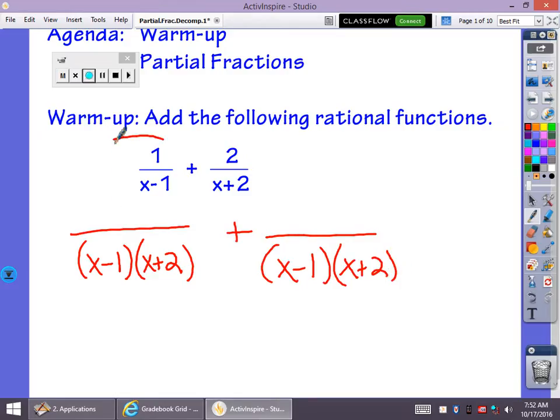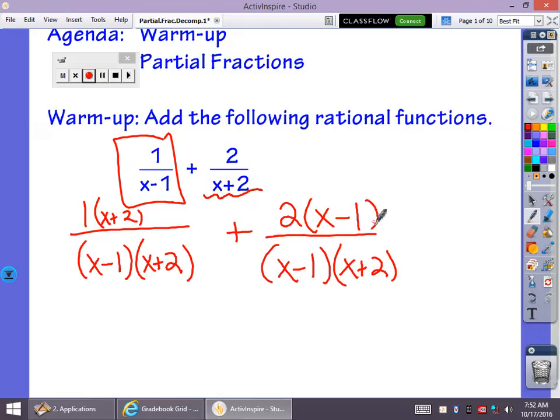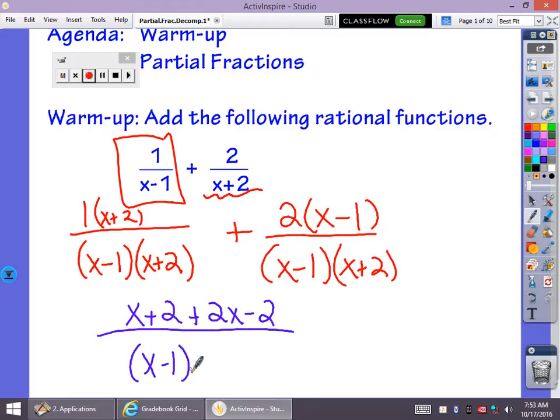Looking at the first fraction, what is it missing in its denominator? So I'm going to do 1 times x plus 2. Looking at the second one, it is missing... Excellent. Okay, so now I'm going to distribute, and I get x plus 2 plus 2x minus 2 all over x minus 1 times x plus 2.